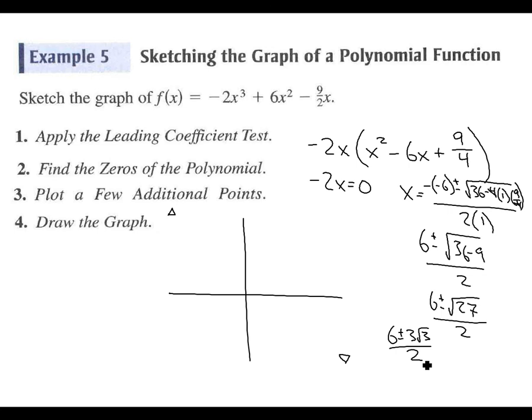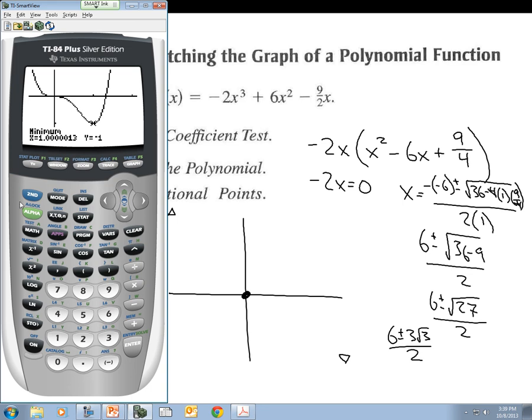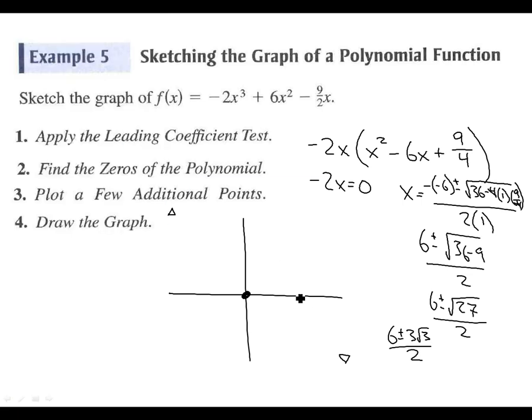So those are going to be our zeros. We've got a 0 at the origin here. We've got one at 6 plus 3 root 3 over 2. Let's figure out what that is with our graphing calculator. 6 plus 3 root 3 divided by 2. 5.59, so 5.6-ish. 1, 2, 3, 4, 5, right about in there.